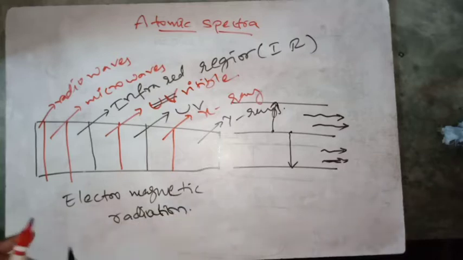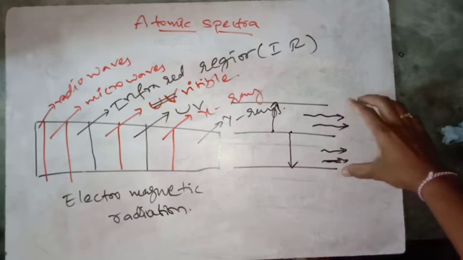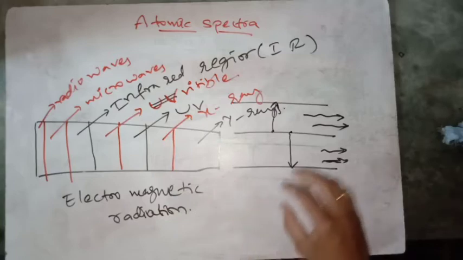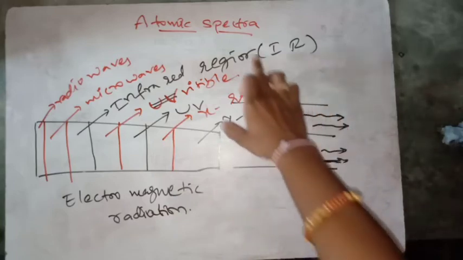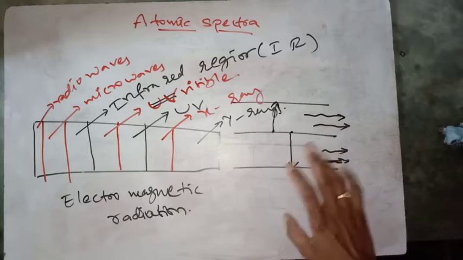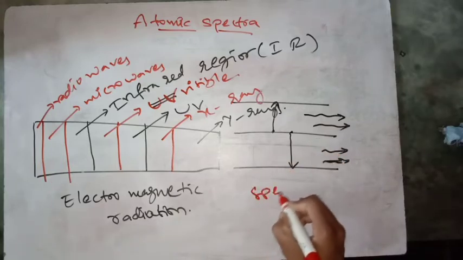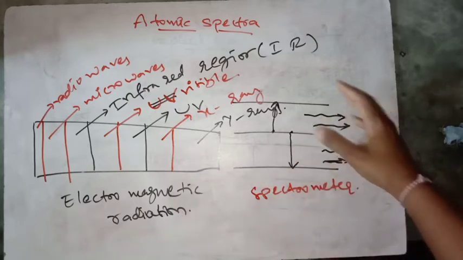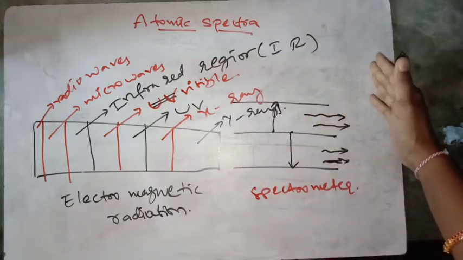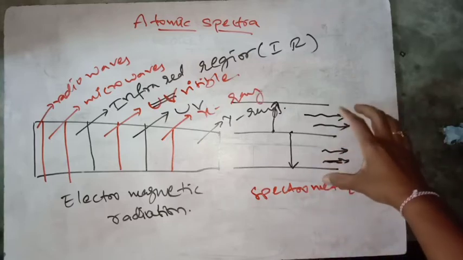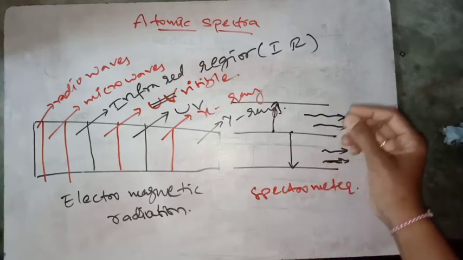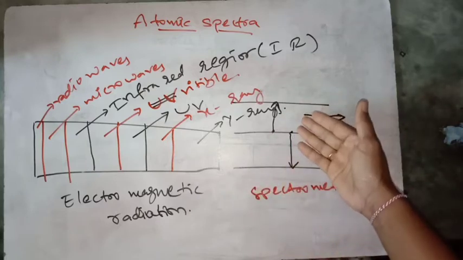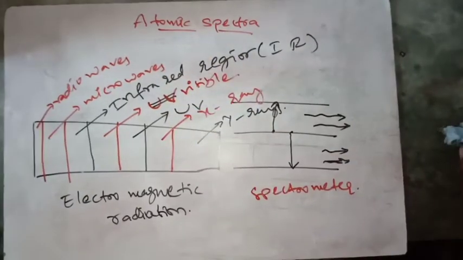When you observe this wavelength using a spectrometer, an instrument which is used to observe the spectrum of atoms, you will find a series of bright or dark lines, which is known as the spectrum of this electron. This is about atomic spectrum.